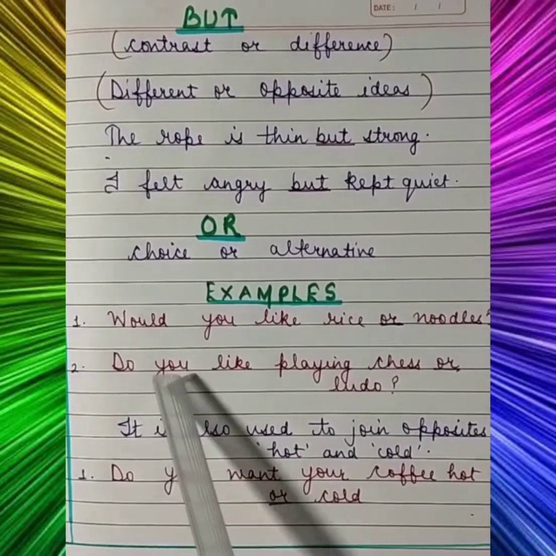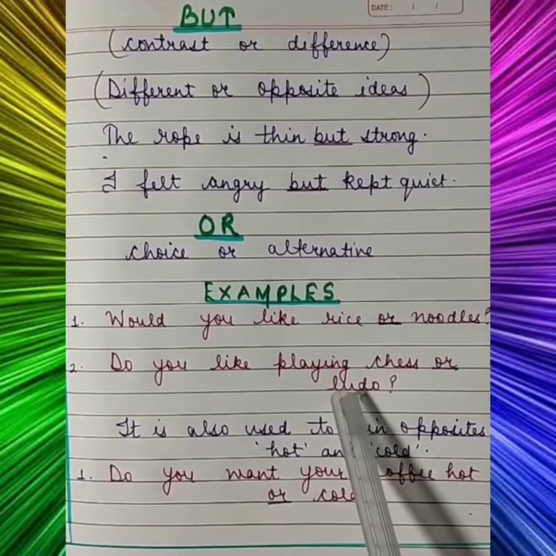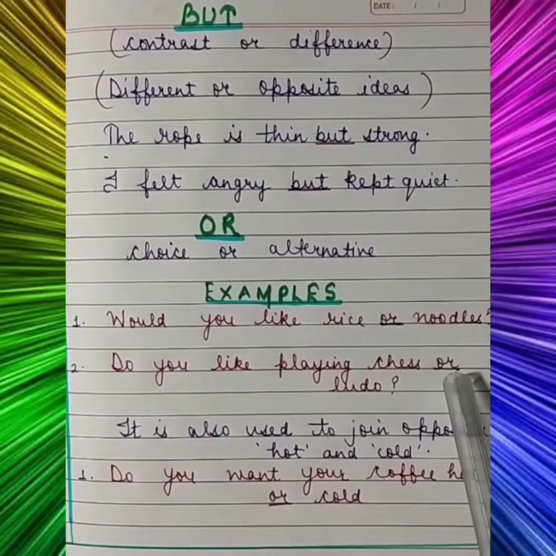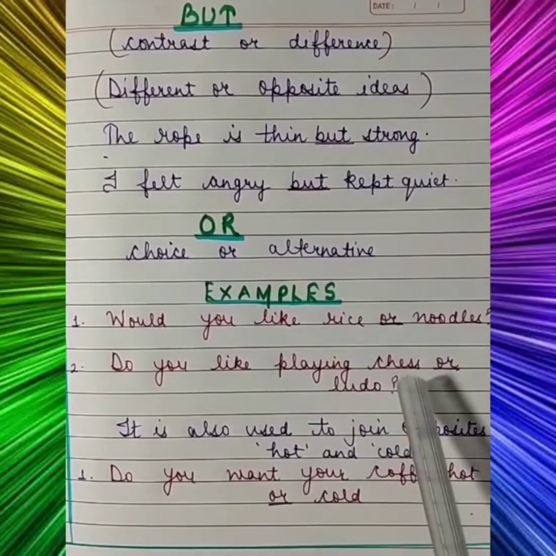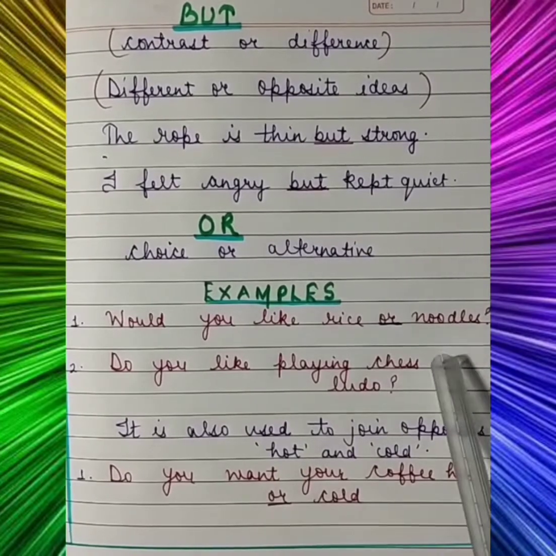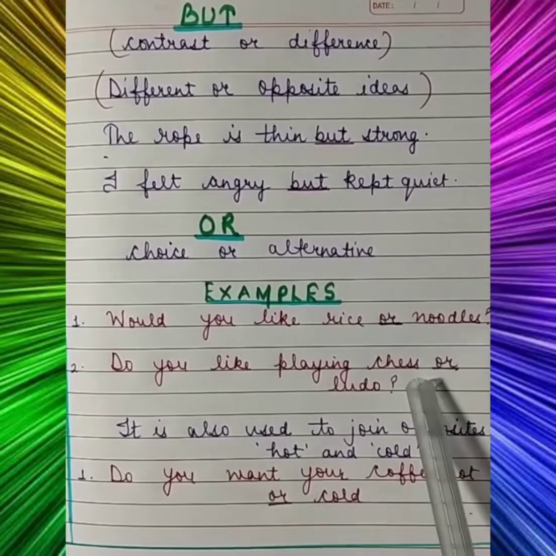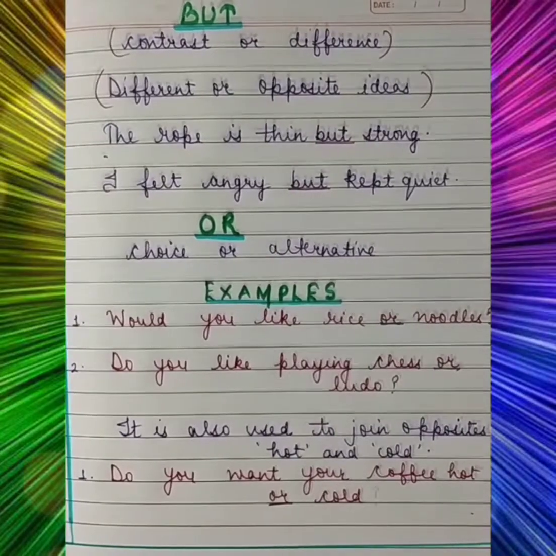In the second example, do you like playing chess or ludo? If you ask in two different sentences, do you like playing chess? Do you like playing ludo? So we are joining with the or in one sentence. Do you like playing chess or ludo?